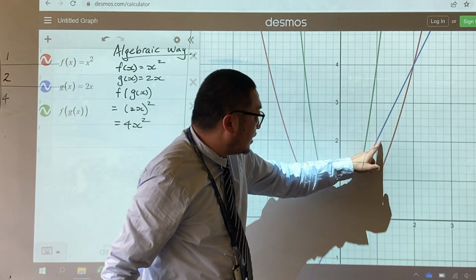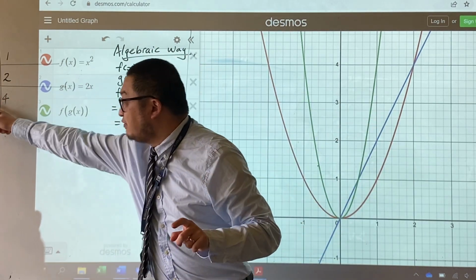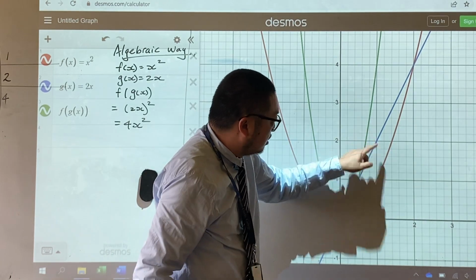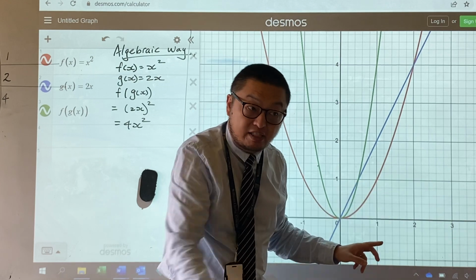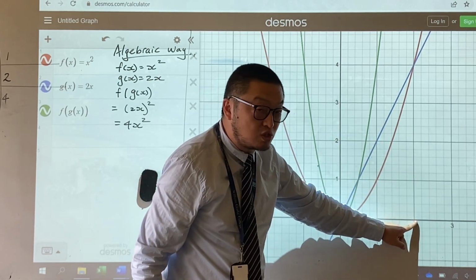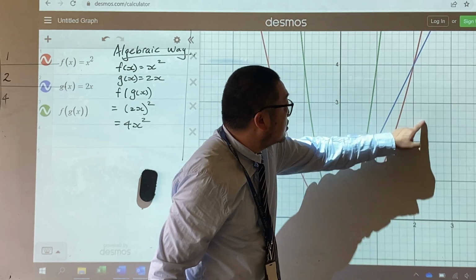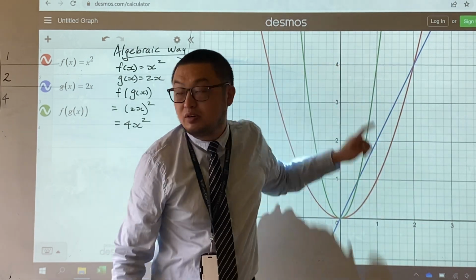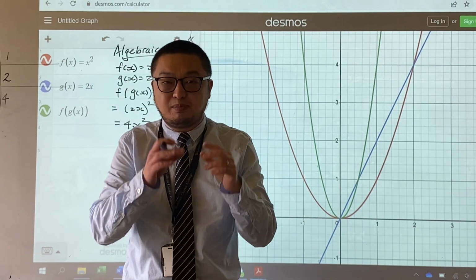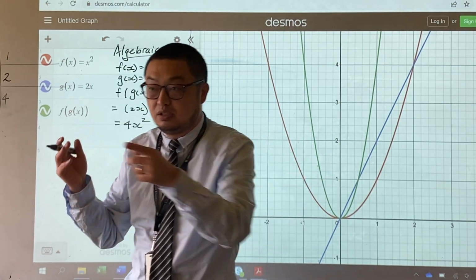Now, when g(x) is 2, I want to know f of g(x). So the g(x) becomes the input now. When it's input, we look at the x value. So that 2 becomes here now. When g(x) is 2, f of g(x), on the red line, is 4. That's how I got this one. Then we're going to do one more, but obviously in the exam you do quite a few, so you generate the pattern.